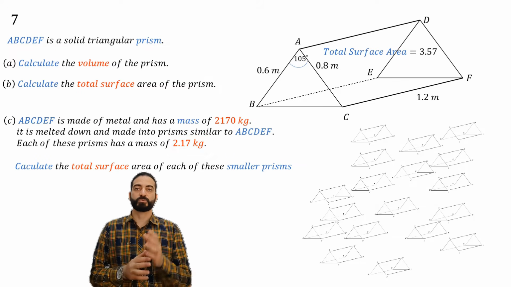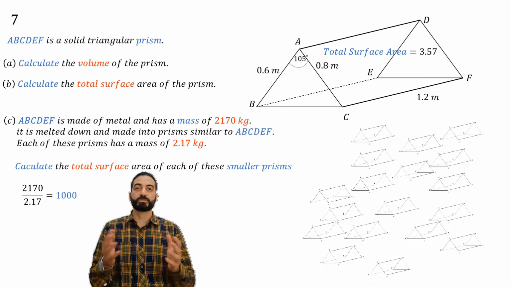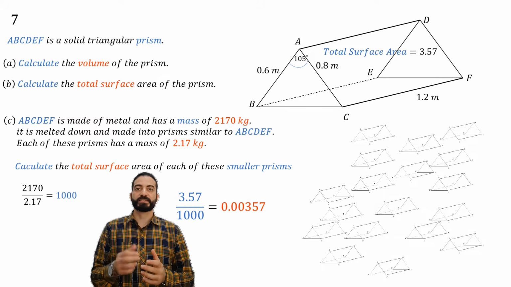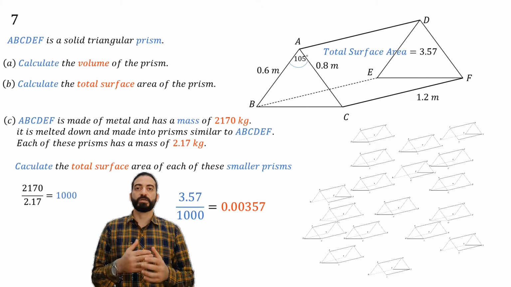We can first calculate the number of prisms after melting down, so we get the answer 1000 prisms. Now we get the total surface area of each of these smaller prisms in this way. We divide the surface area before melting down by the total number of prisms we got after melting down.